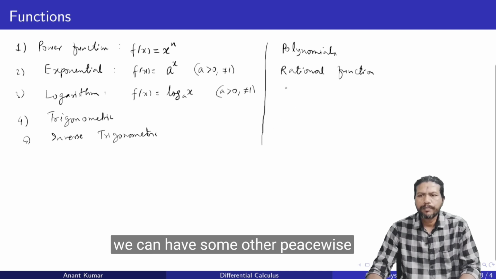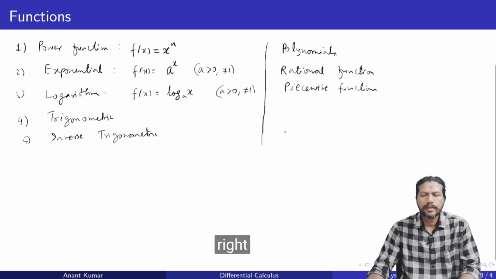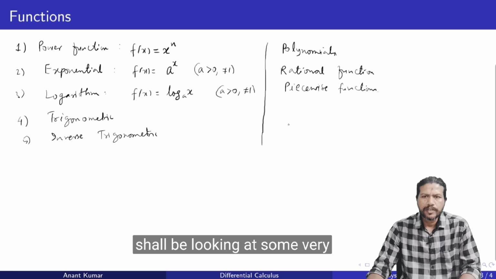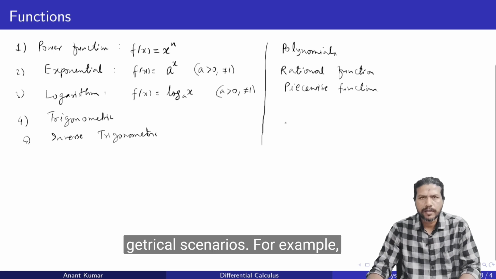We can have some other piecewise functions, which are defined by different analytical formulas in different intervals, right? In general, we shall be looking at some very simple functions, though functions can be used in a wide variety of situations to model different physical scenarios or geometrical scenarios.